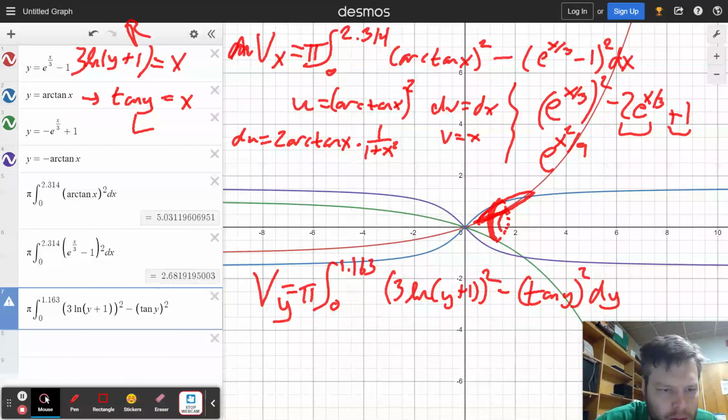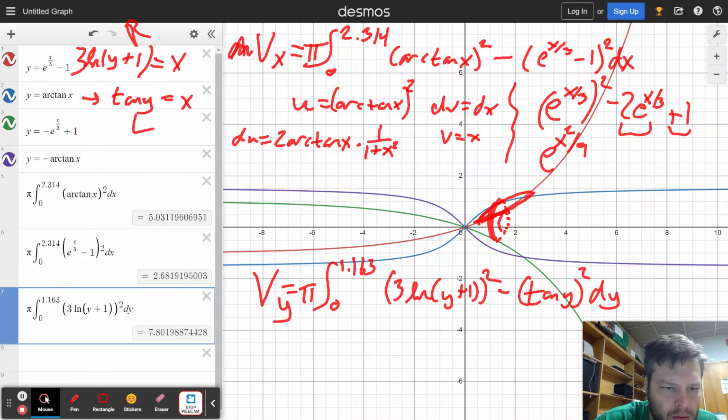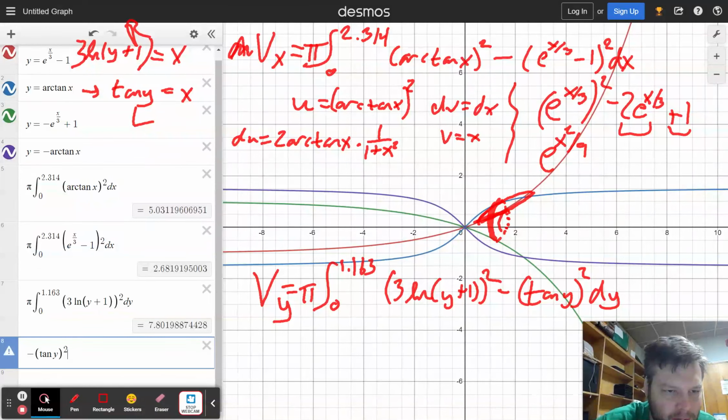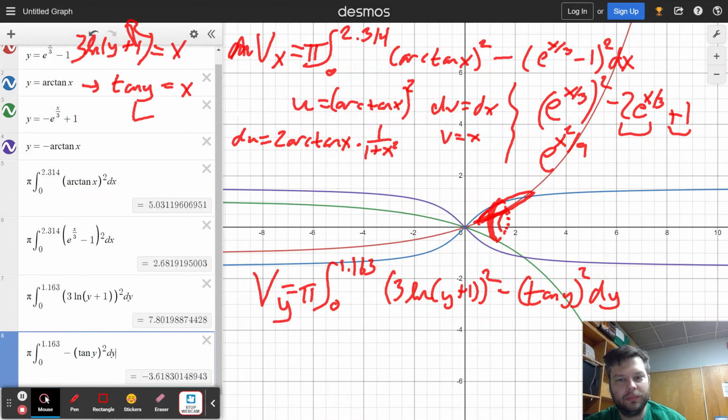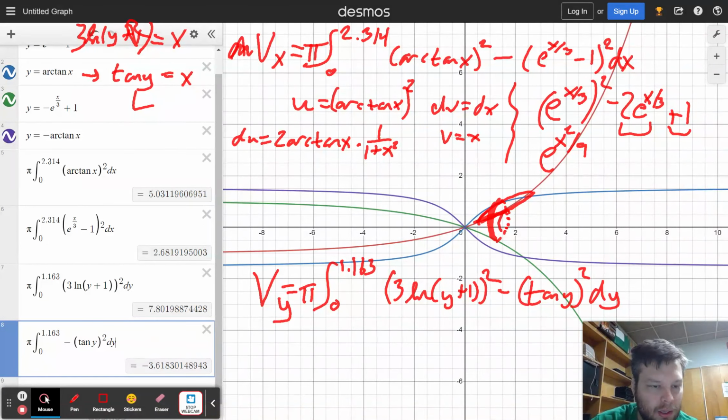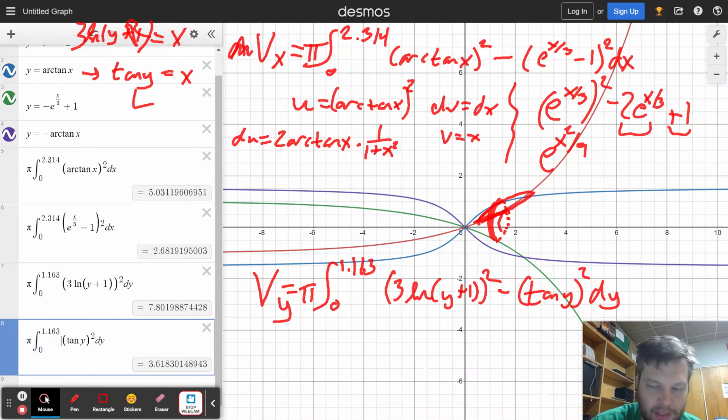That's annoying. It's making me split it into 2 chunks. Then you would add those together, or subtract those two values there, because I have a negative in the expression.